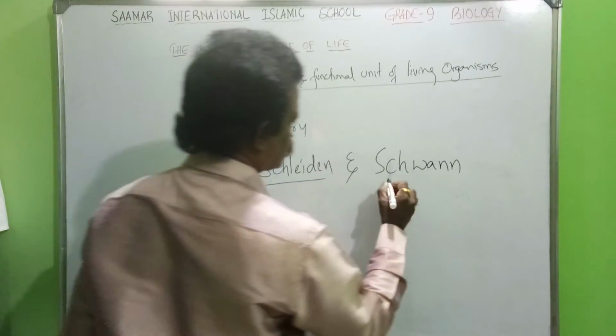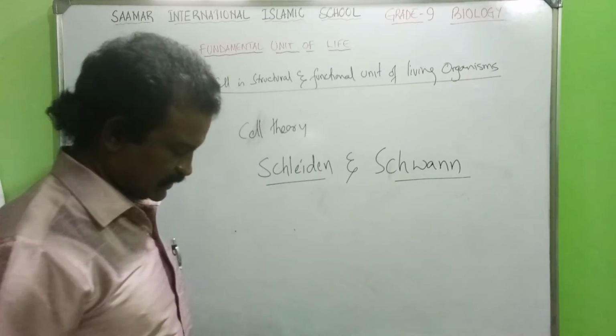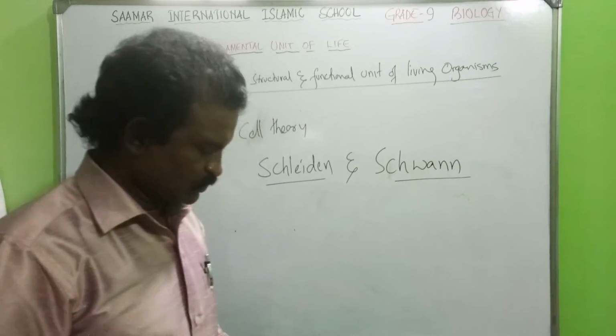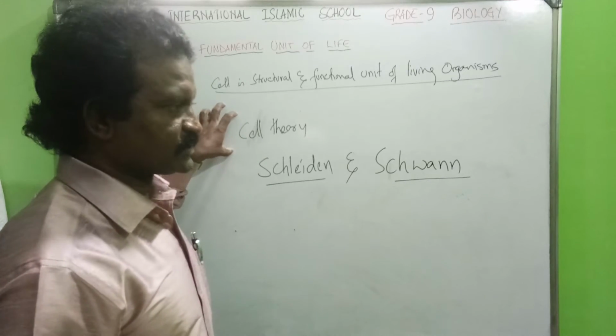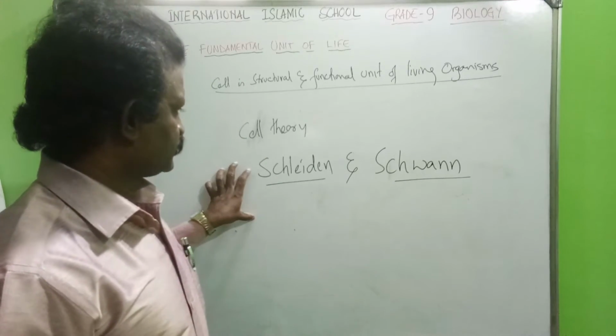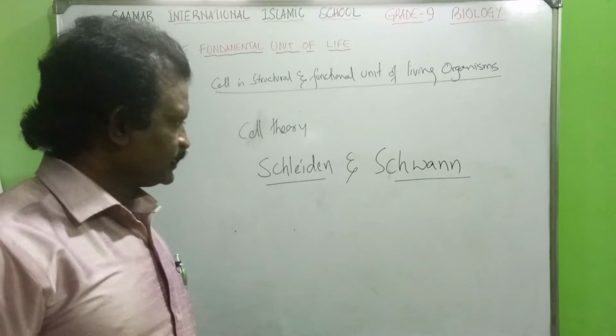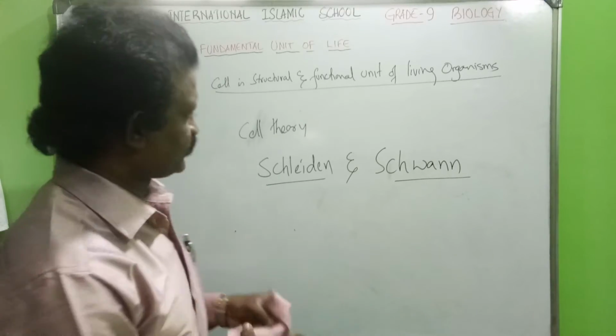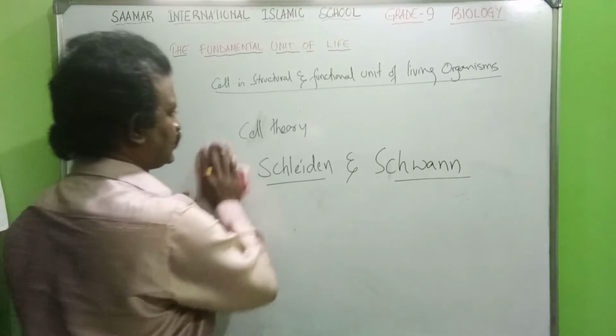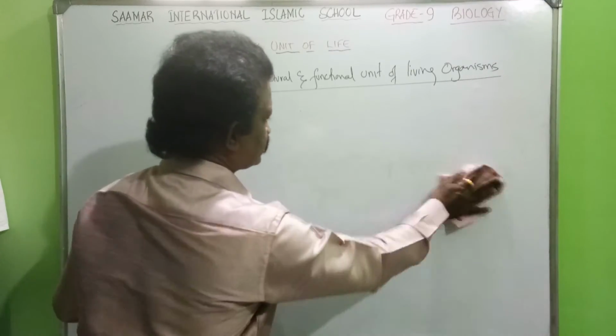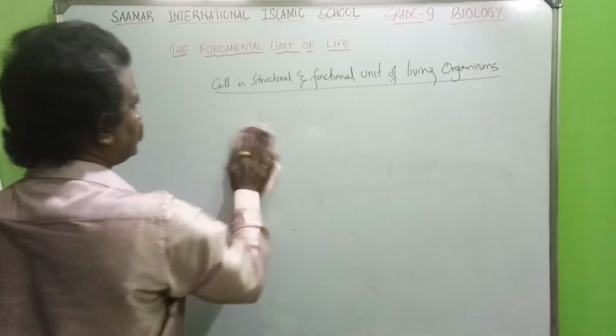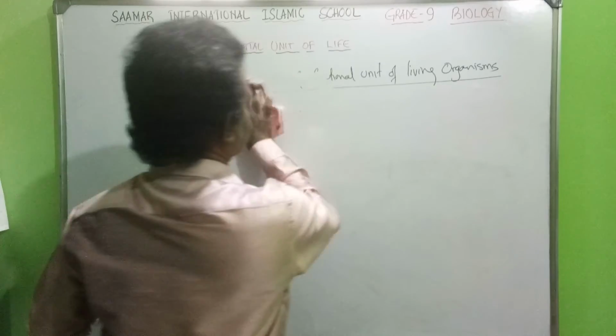These are the scientists who put forward the cell theory. Is it clear? Correct. Now we should know who discovered the cell in this chapter, who put forward the cell theory, and the difference between plant cell and animal cell, and let us go in depth.